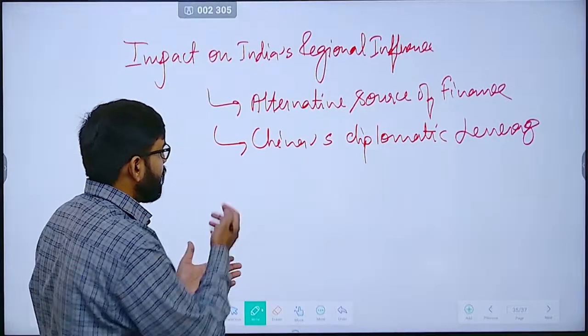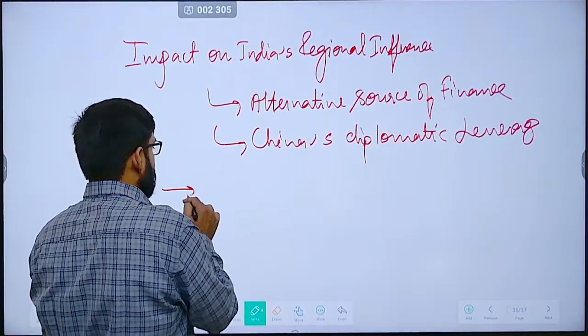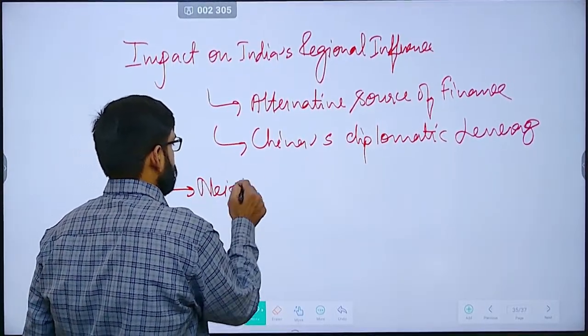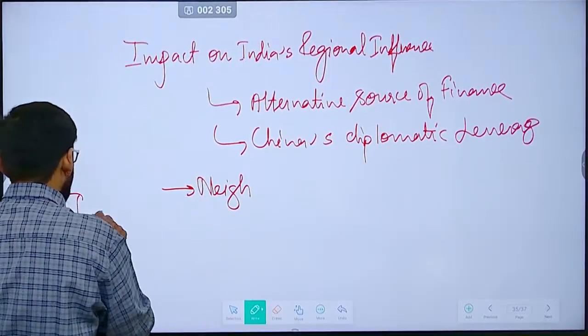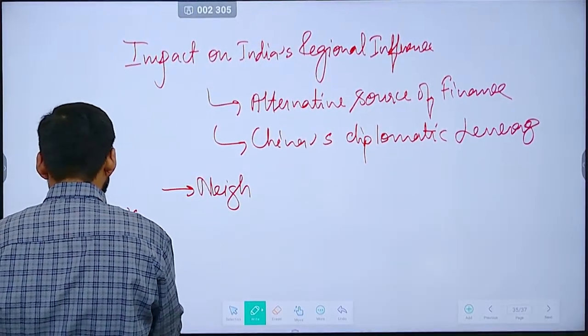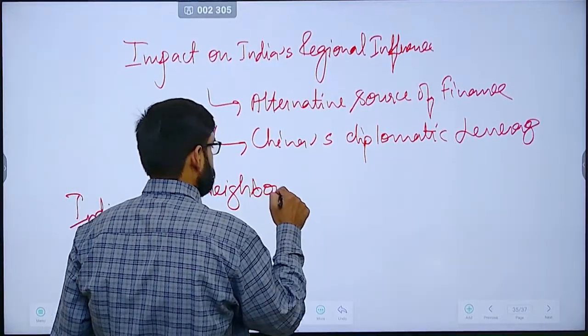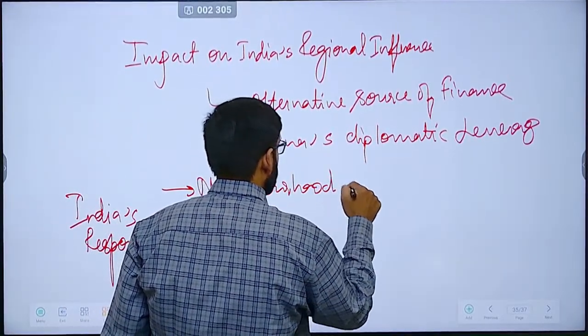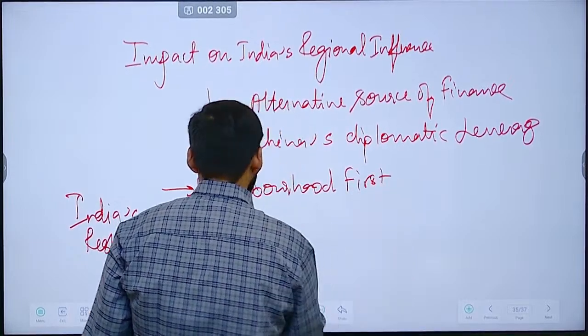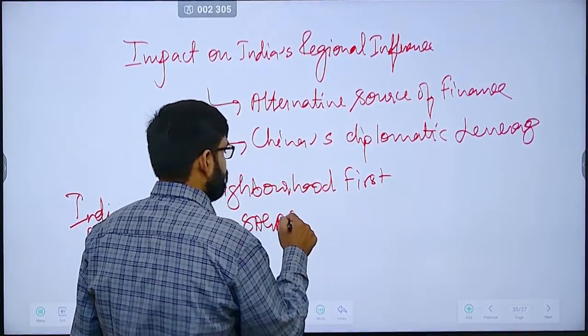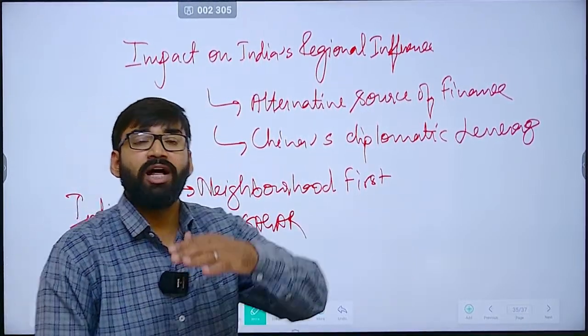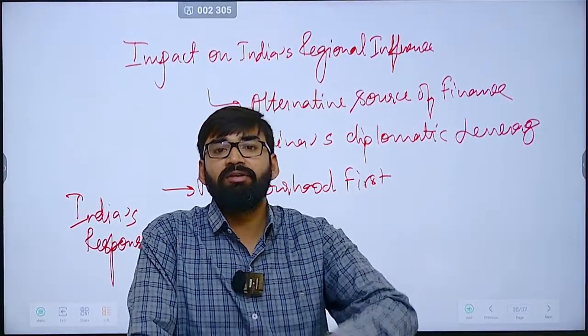That is why you can mention India's policies like Neighborhood First. How should India respond? India's response: Neighborhood First, SAGAR initiative, Act East policy, faster project delivery, developmental partnership.